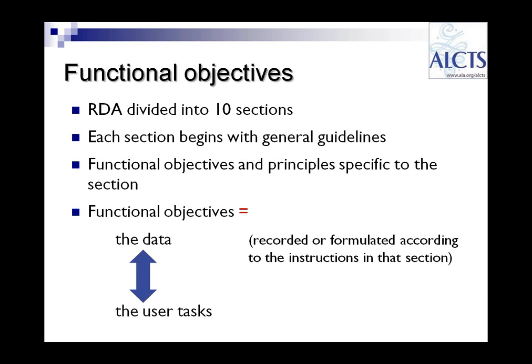What the functional objectives are is really just bringing out the relationship between the data that's going to be recorded according to the instructions in that section and its relationship to the user tasks. How does that particular set of data help the user in those particular user tasks?